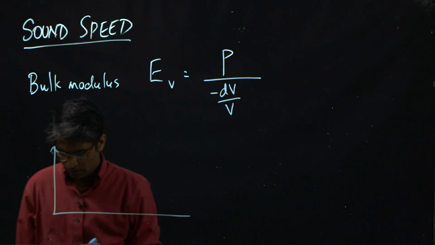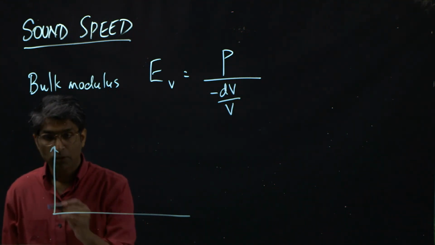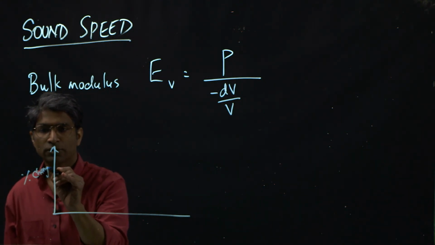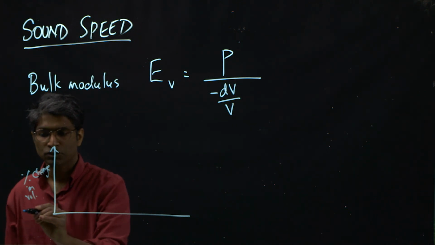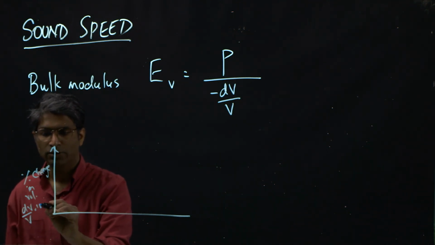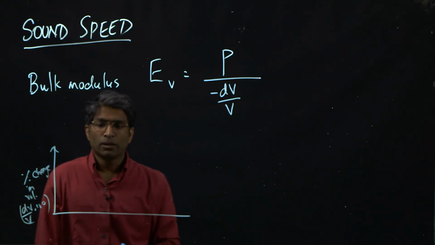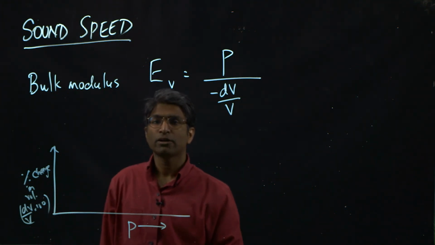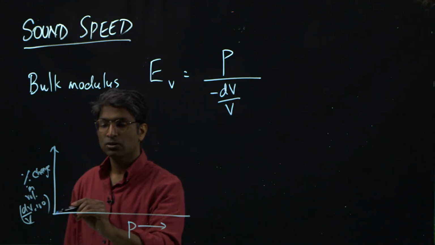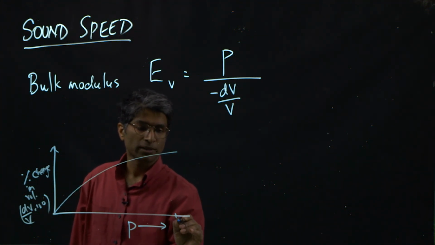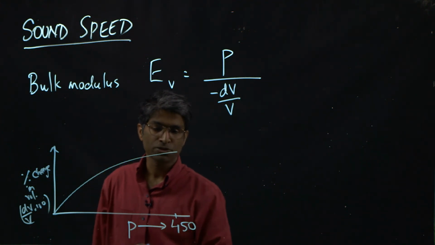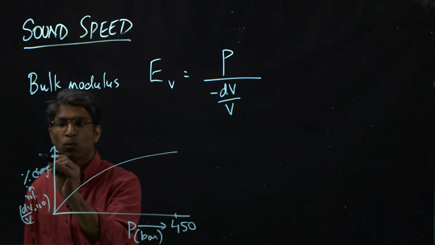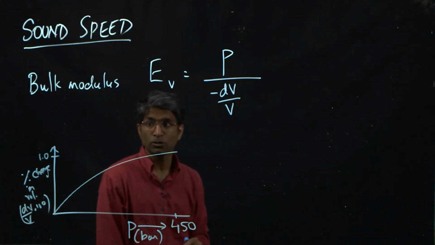So, for example, if we looked at the percent change in volume for water, which is dV by V times 100, and we are applying pressure and checking to see when we get a reasonable change in volume, it turns out that for water, you have to go to something like 450 atmospheres, 450 bar, before you see a 1% change in volume.